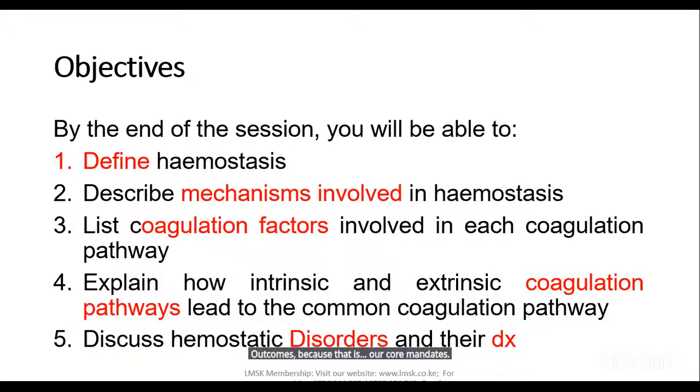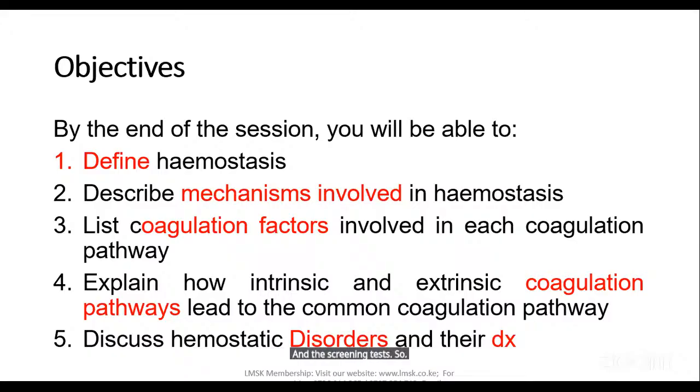So what are the objectives for today? The first objective is to define hemostasis. Two, to describe mechanisms involved in hemostasis. To identify the coagulation factors involved in each of the coagulation pathways, and also to talk about the coagulation pathways, the disorders, and the screening tests.